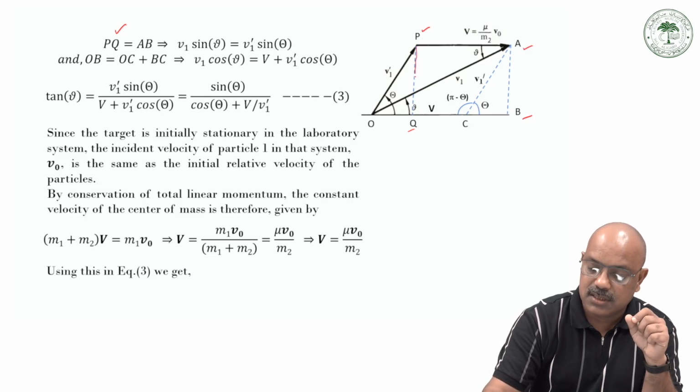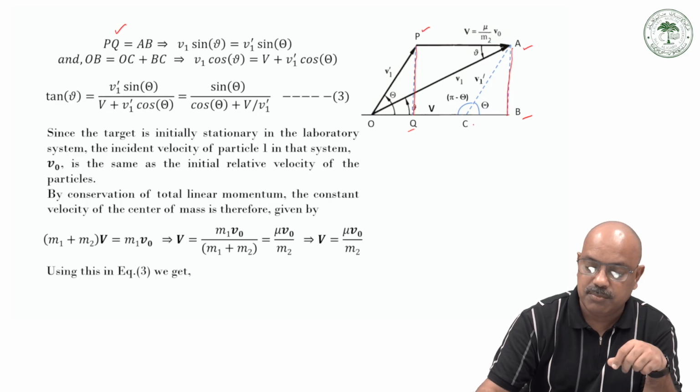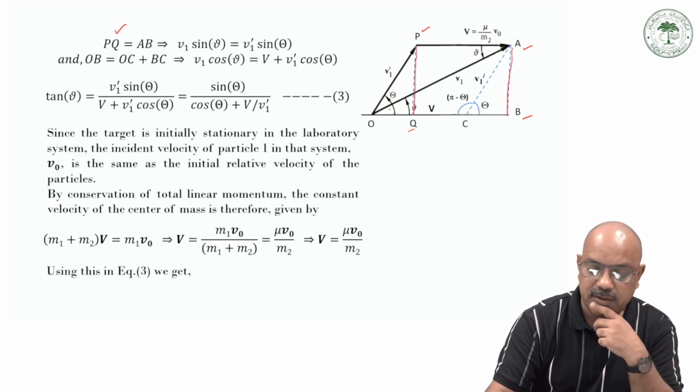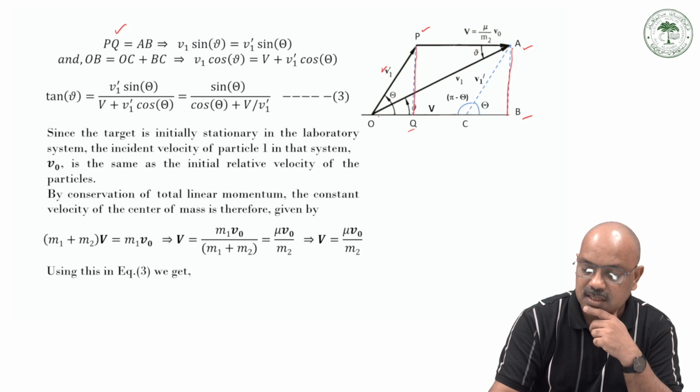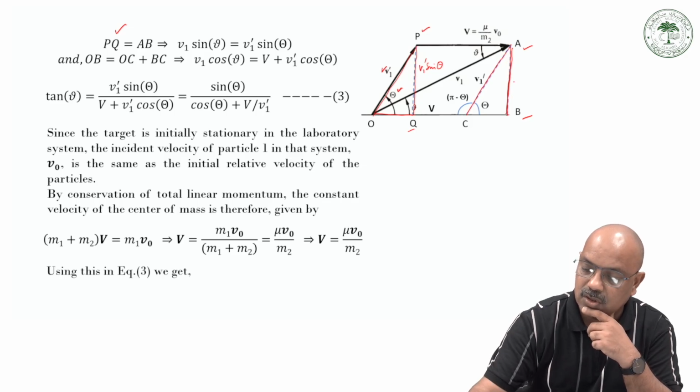So PQ and AB, in terms of V1 with this angle theta, is going to be V1 prime sine of this angle, capital theta.